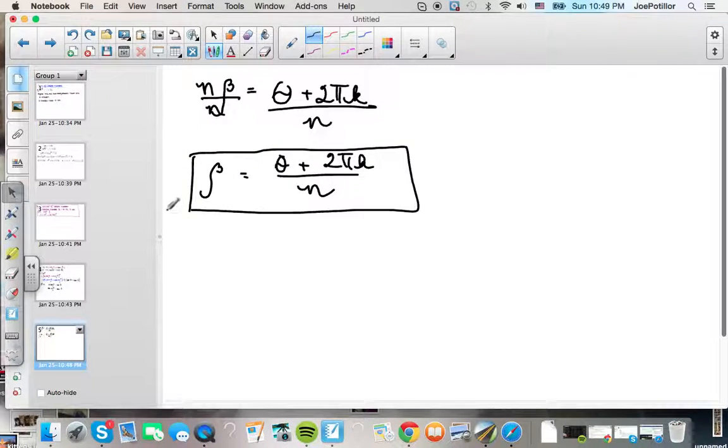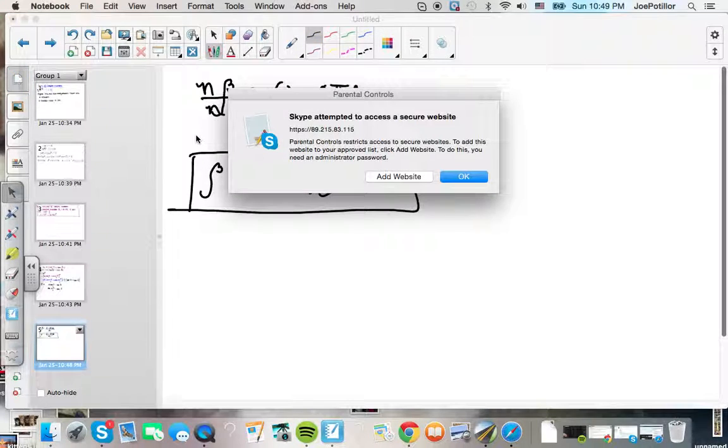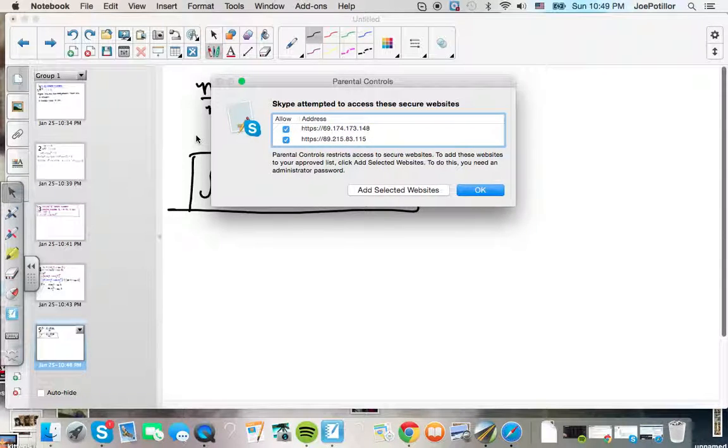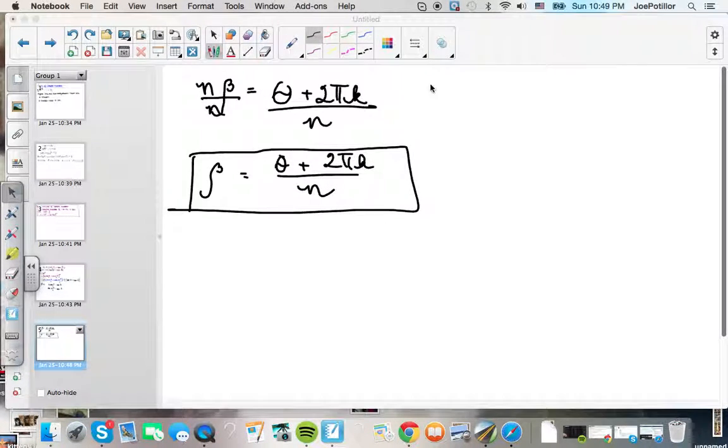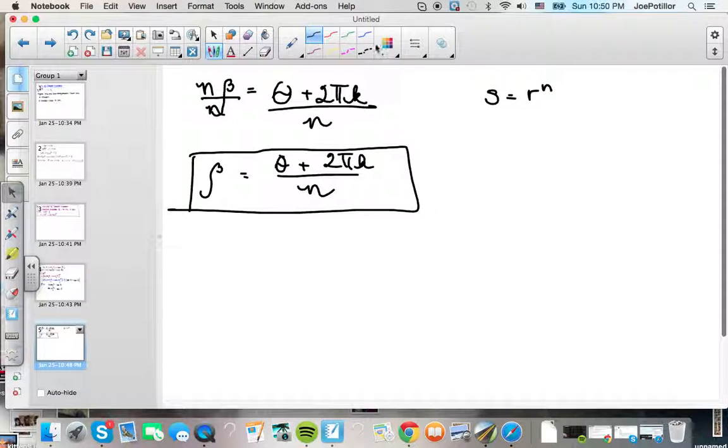And I can substitute that back into the equation, and this is where I get the equation that is on page 455. So where I get that equation from. Okay, I get this beta is equal to theta plus 2 pi k over n. And then from here, the other equation I have, sorry, not s.